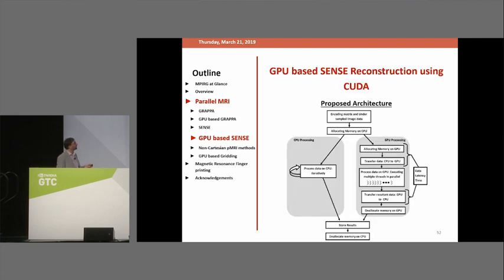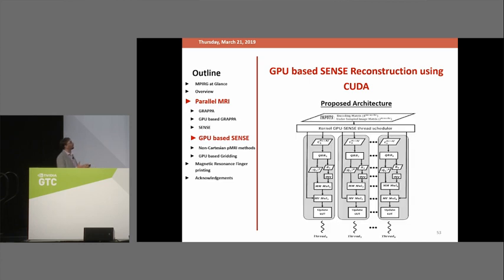The right side shows the GPU processing platform which we proposed, and the left side is the conventional processing. You could see that although the GPU processing has multiple steps, because the data needs to be transferred to the GPU and then has to come back, it still provided significantly better results, as I'll show in the results section. The proposed architecture utilizes parallel computation by launching multiple threads.